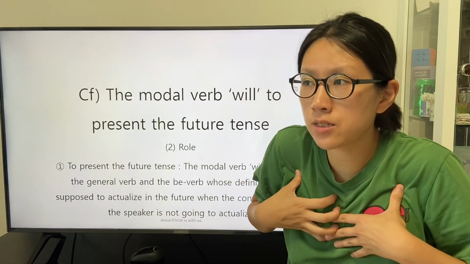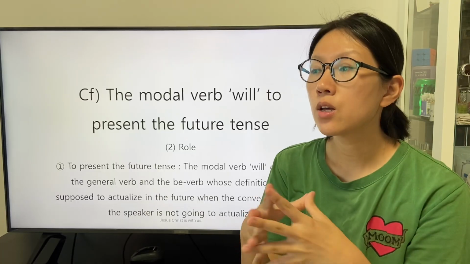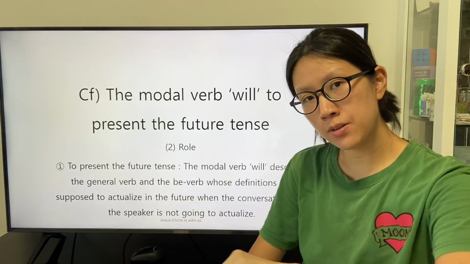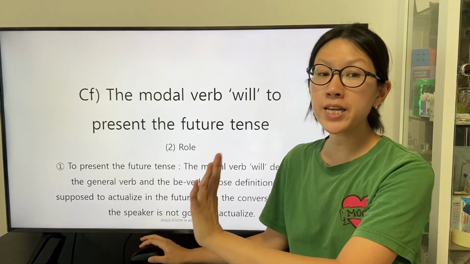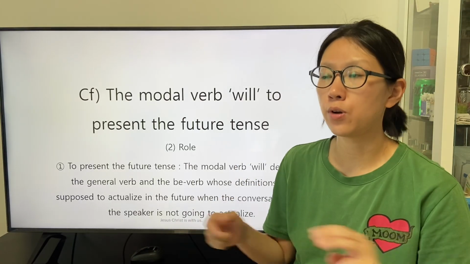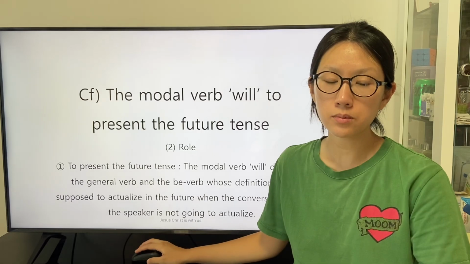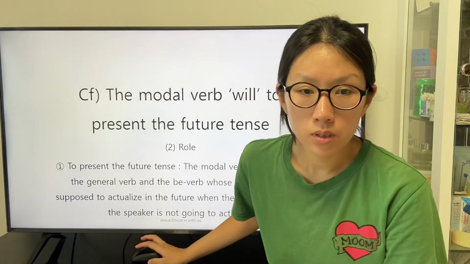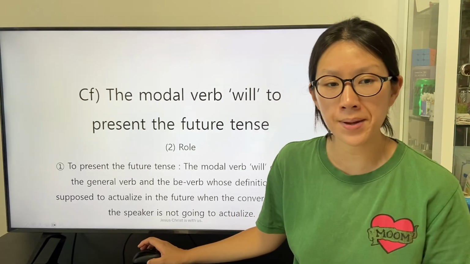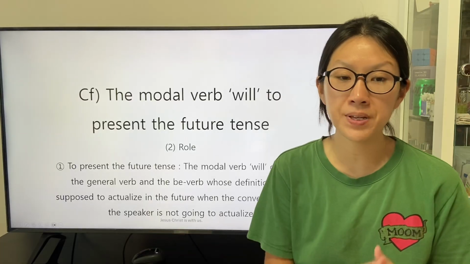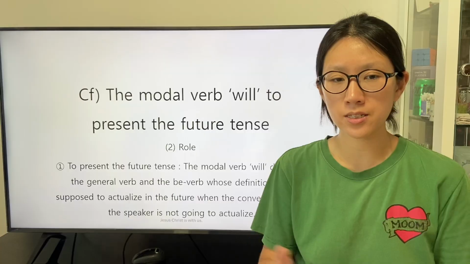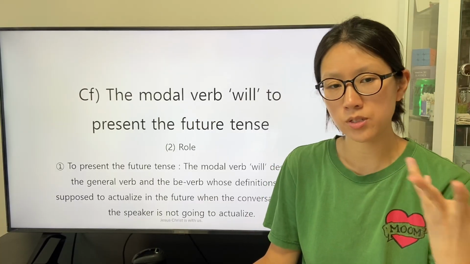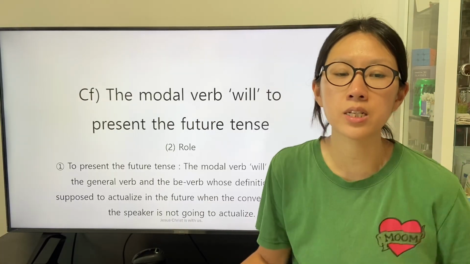So we learned that the speaker reveals a future event in three ways. The application of the modal verb will is one of the three ways. The modal verb will describes the general verb and the be verb whose definitions are supposed to actualize in the future when the conversation with the speaker is not going to actualize.